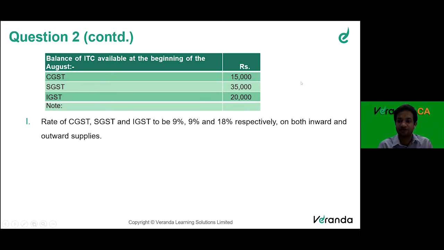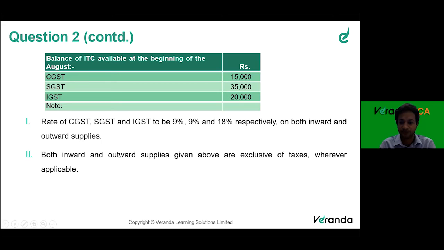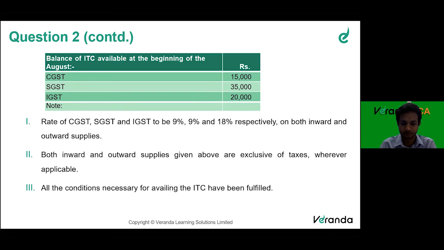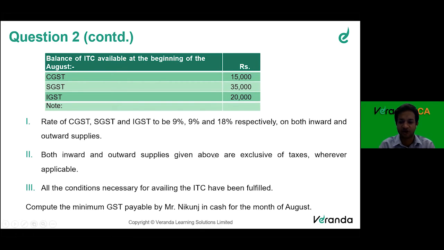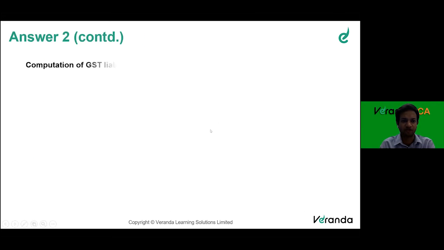Now they're saying the rate of GST is 18% on both outward and inward supplies, right? They're saying all the conditions for ITC are assumed to be complied with, right? Now they're asking us to compute the minimum GST payable by Nikunj for the month of August.